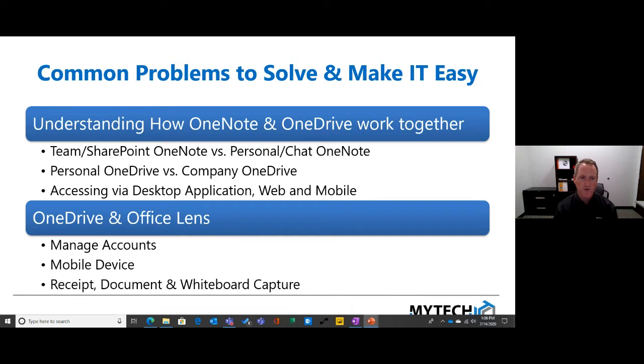Then I'm going to switch over to mobile. If you haven't heard about Office Lens, it's a cool tool, and candidly, I don't know if you have to have it installed for it to enable one of the functions I'm going to show you, but OneDrive uses this function of Office Lens to do some uploading, and it saves me a lot of time when I'm just capturing receipts at the store.